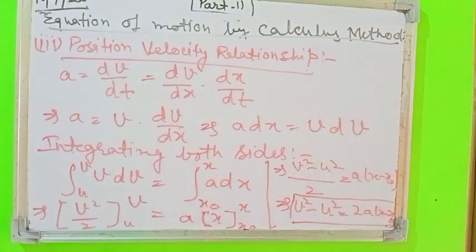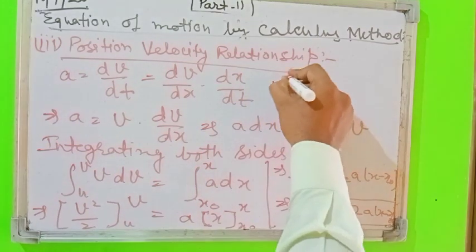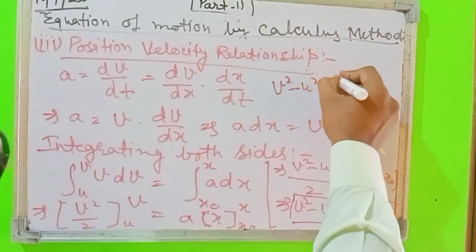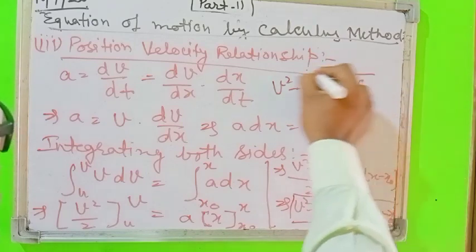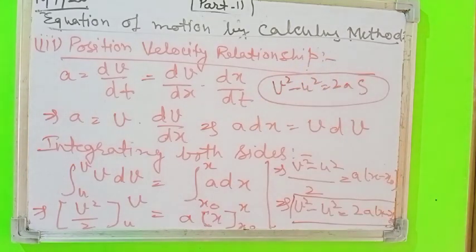This is the position velocity relationship, that is v square minus u square is equal to 2as, where x minus x naught can be taken as displacement s. This is all about the position time relationship, position velocity relationship.